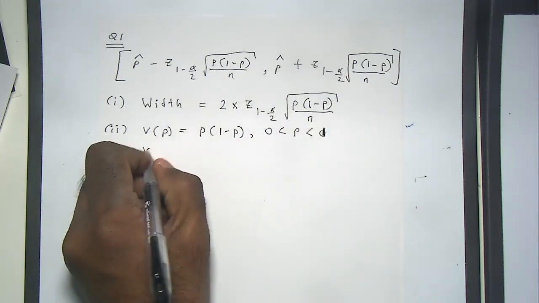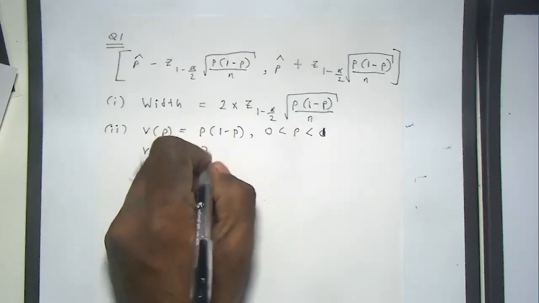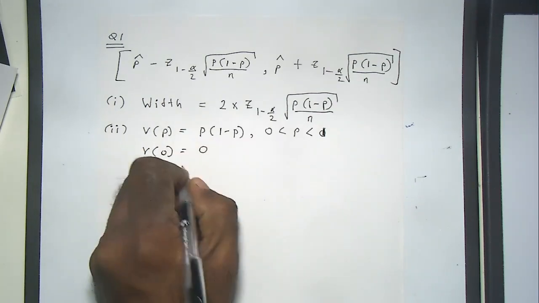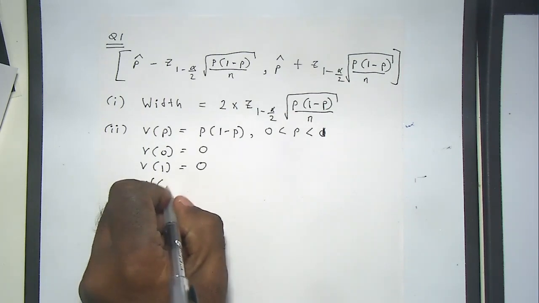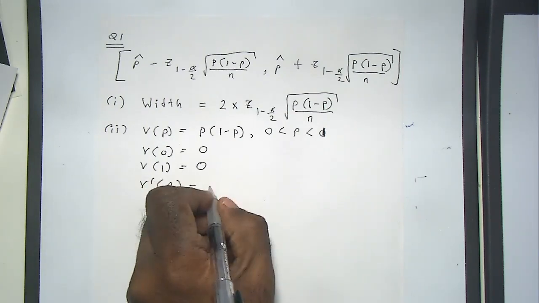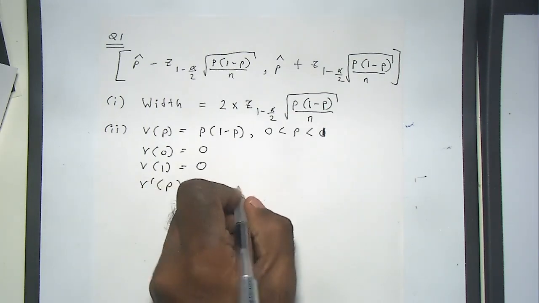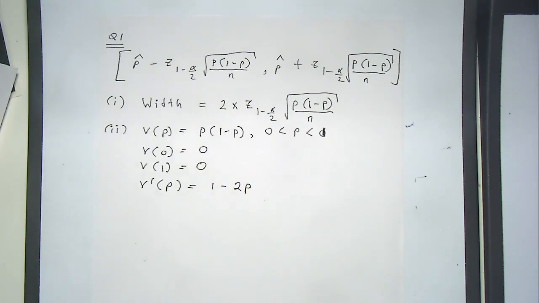2 points. So v at 0 is equal to 0, v at 1 is equal to 0, and v prime of p is 1 minus 2p, right?